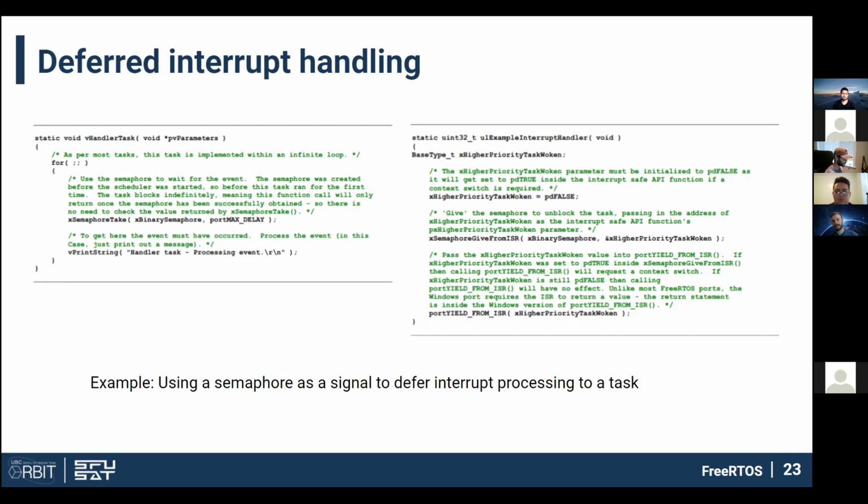So if the tick rate is 1 millisecond, then worst case scenario, it might take an extra millisecond for this task to actually preempt the running task. In systems where you have a fairly high frequency tick rate, it's not that important, but you should just do this everywhere that you use the ISR APIs.